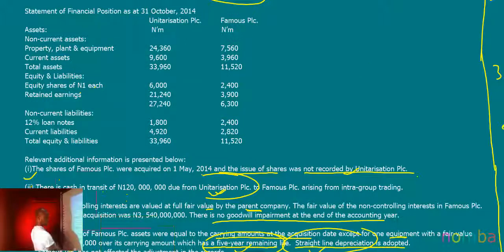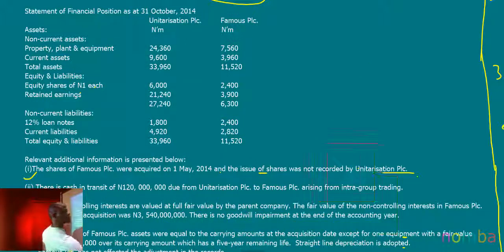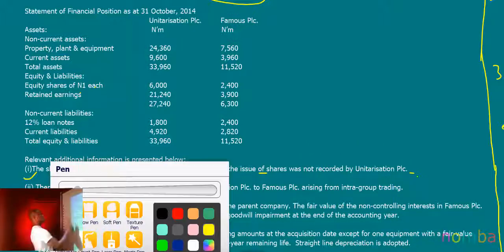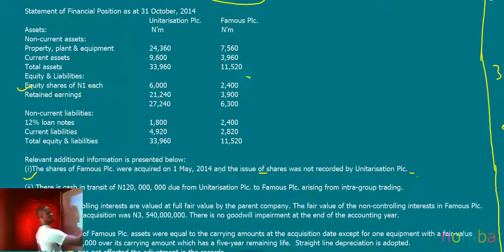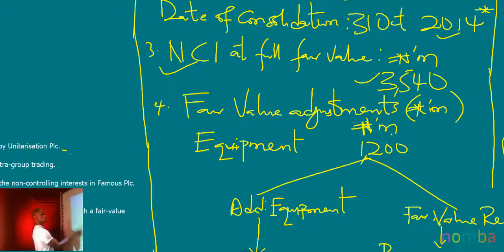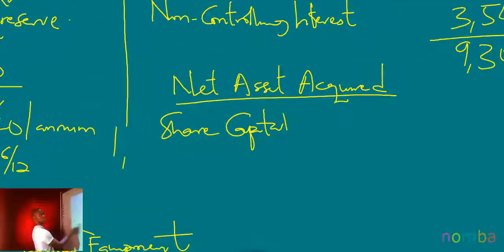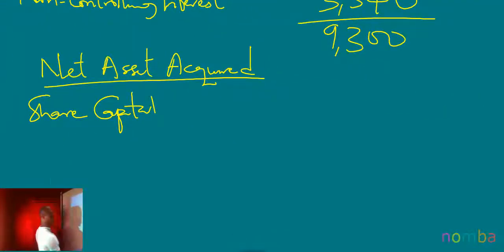Now, the share capital, which is the equity of the subsidiary, is 2,400.